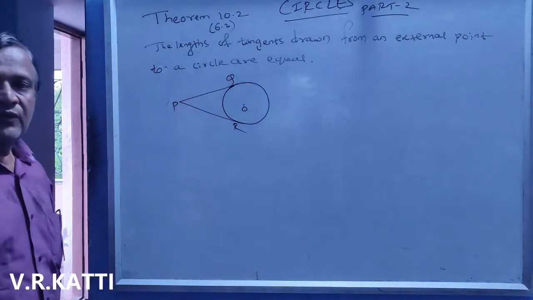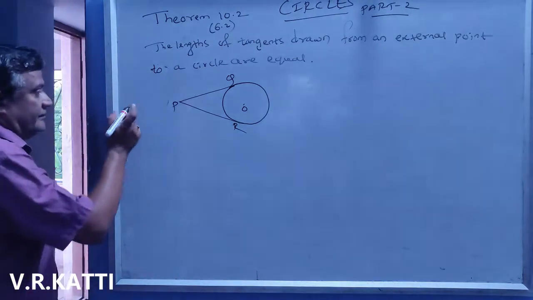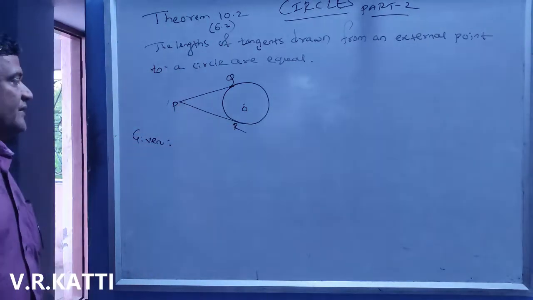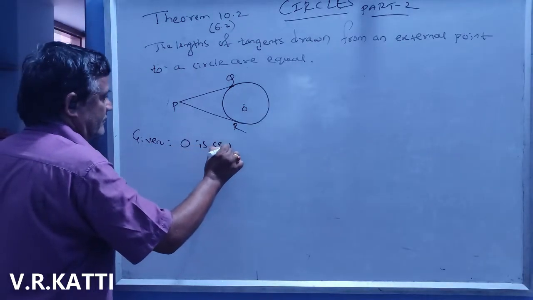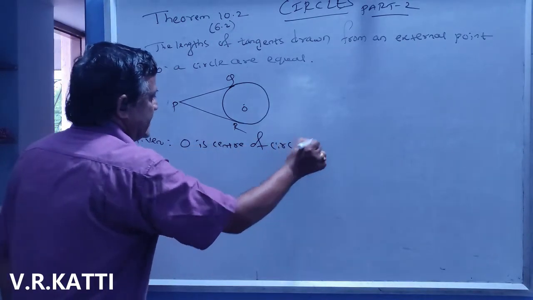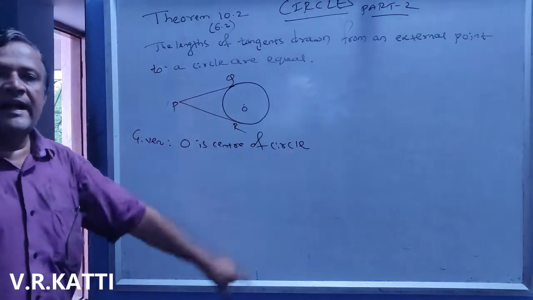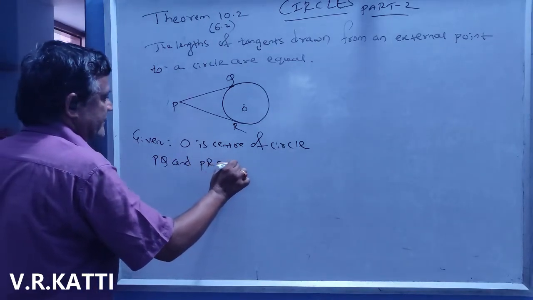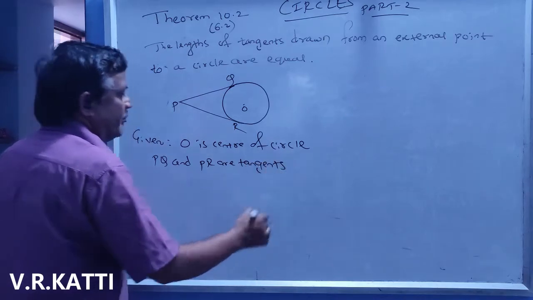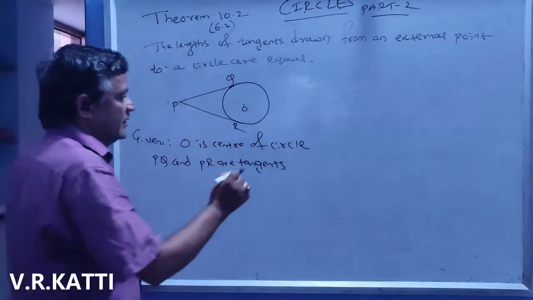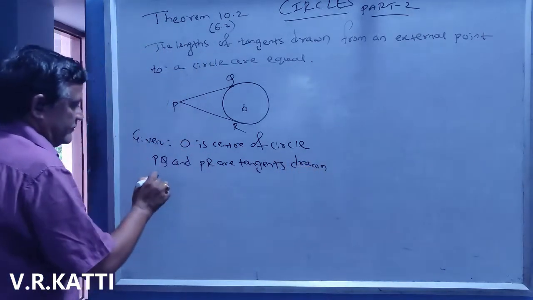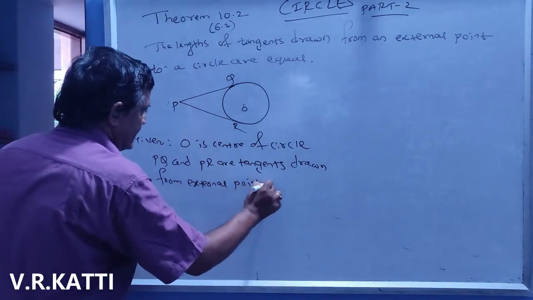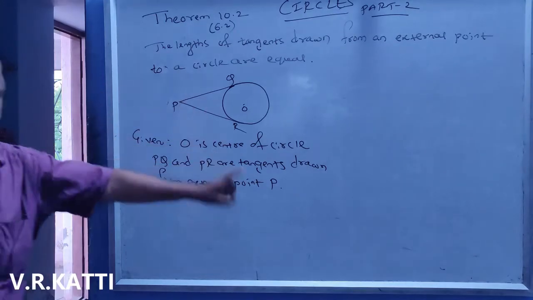First you have to write the given. O is the center of the circle.